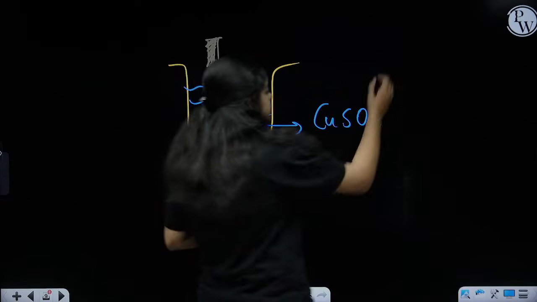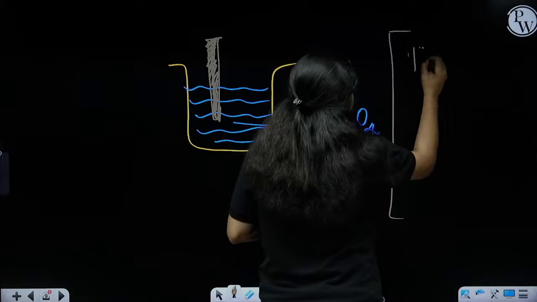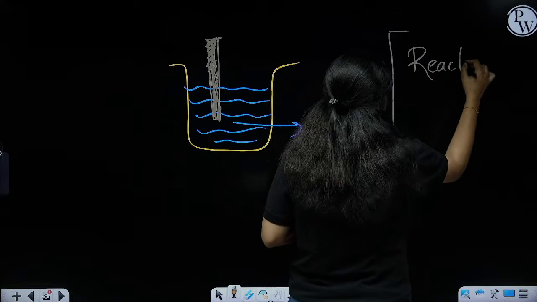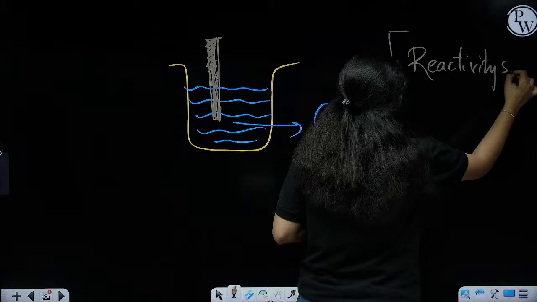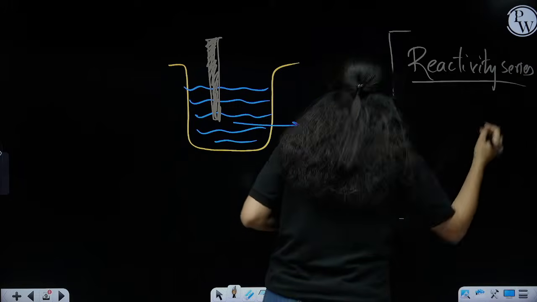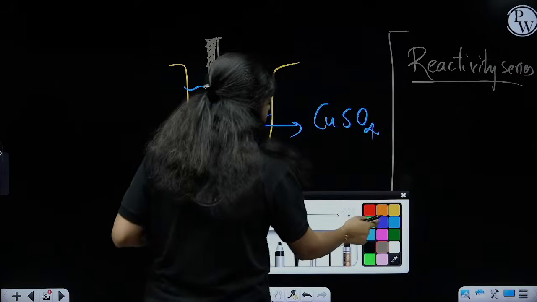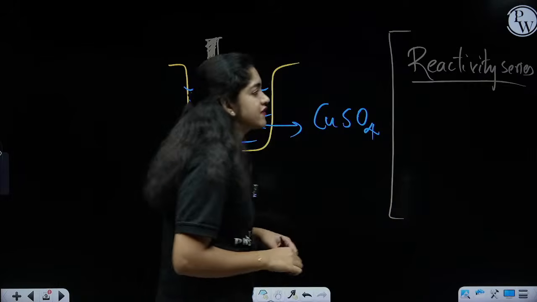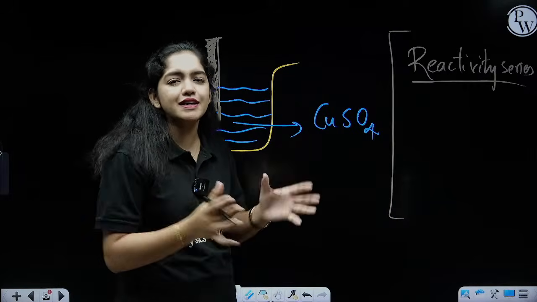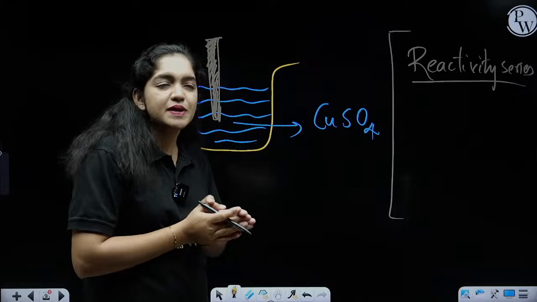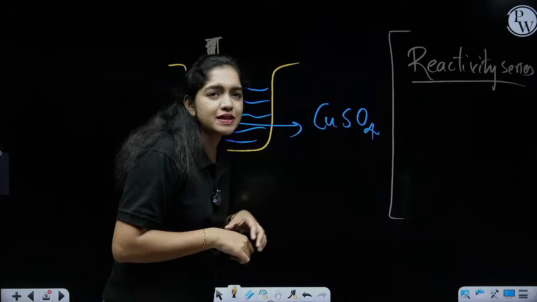What is the reactivity series? The order of metals arranged in the order of their reactivity is known as the reactivity series, in increasing order of reactivity. Which metal is showing the highest reactivity? Anyone can comment the answer?